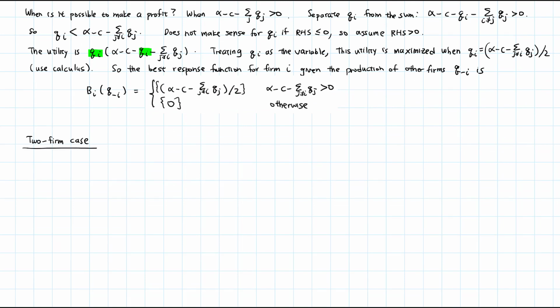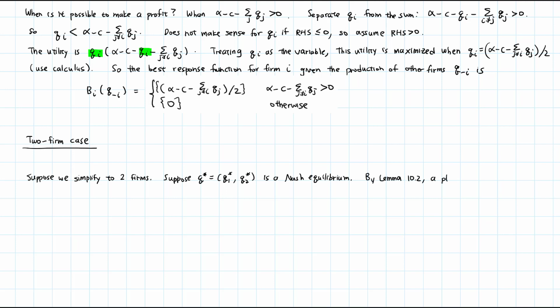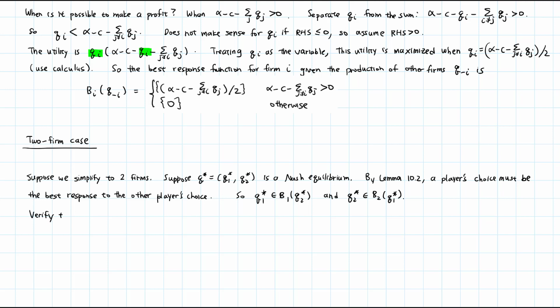We now simplify this even further down to just 2 firms. And we suppose that Q star, which is Q1 star, Q2 star, is a Nash equilibrium. By our lemma from last time, a player's choice must be the best response to the other player's choice. So Q1 star is in the best response function for player 1 and vice versa. Now you should verify that we can assume that Q1 star and Q2 star are both greater than 0.